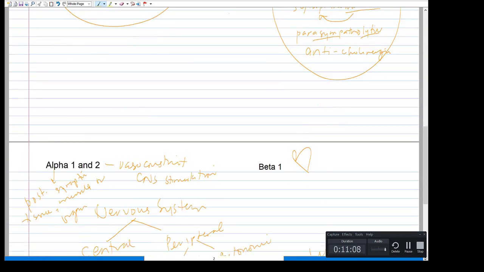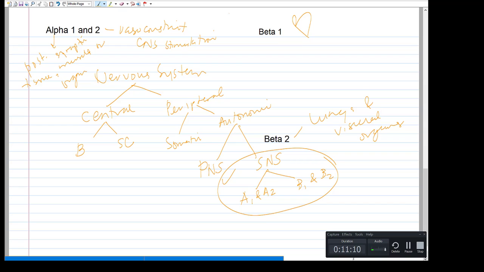We have a lot of beta 2 drugs, for example albuterol, a bronchodilator, which is a beta 2 adrenergic agonist drug. What else?